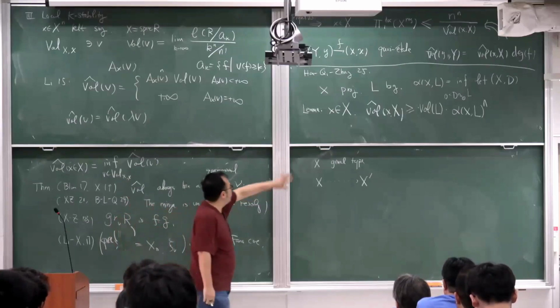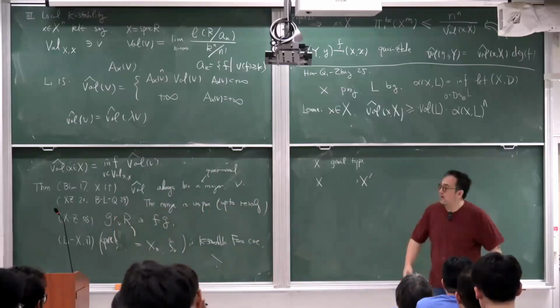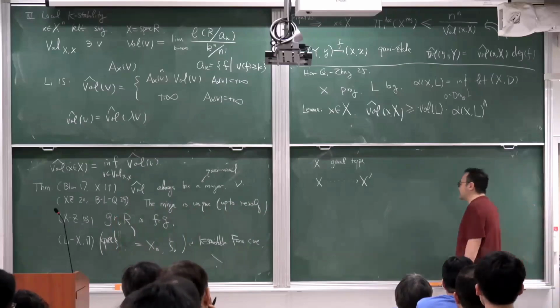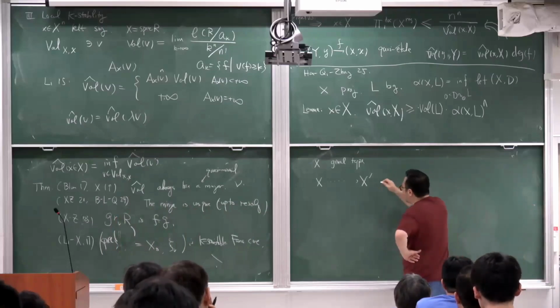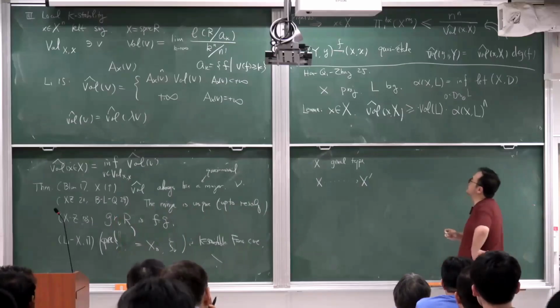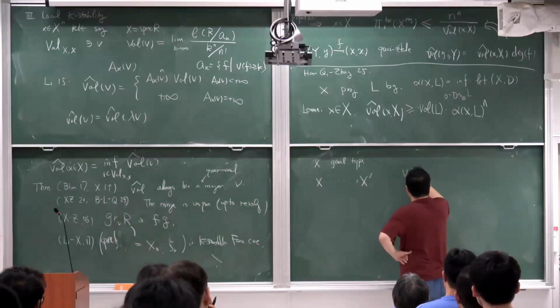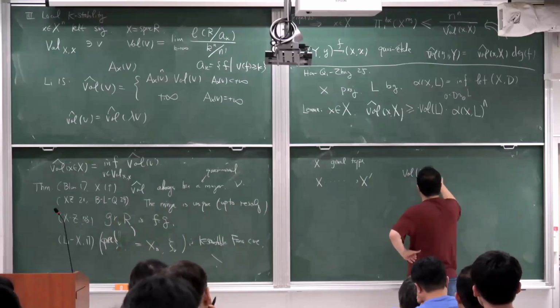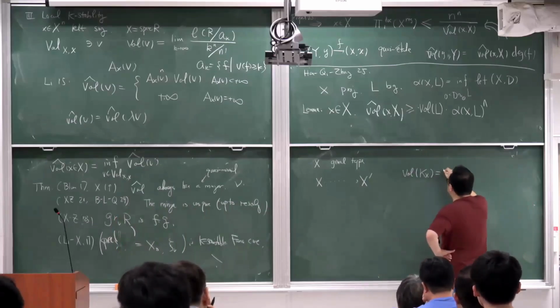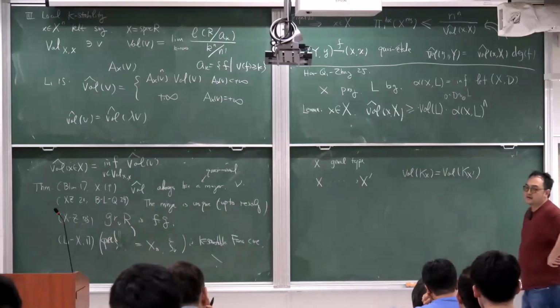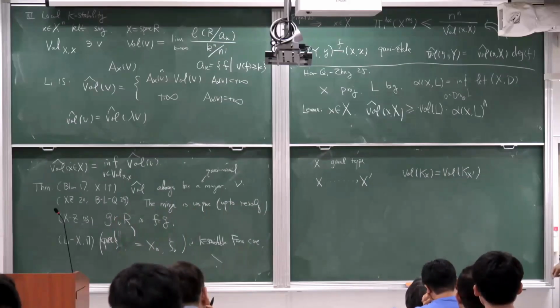But what I say is that if this is an MMP sequence, I know that the volume of K_X is the same as the volume of K_X prime, because MMP doesn't change the volume.